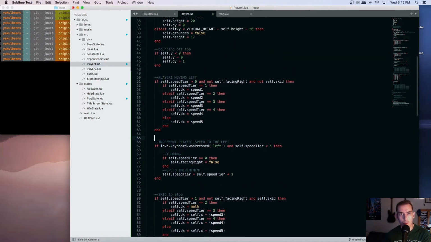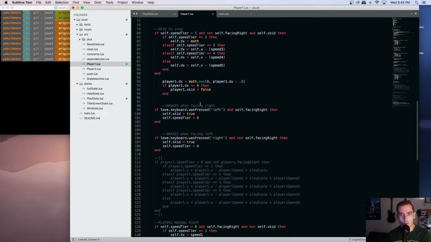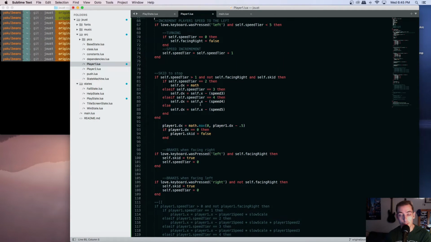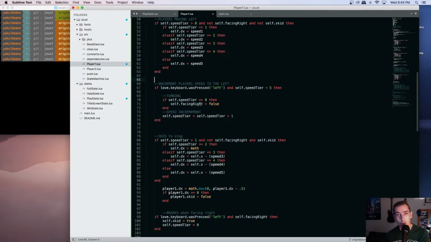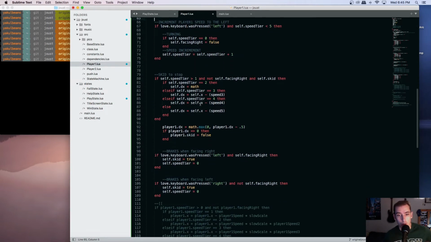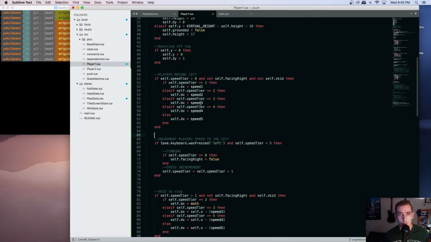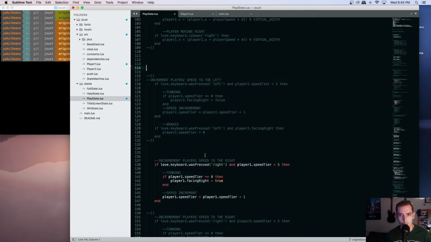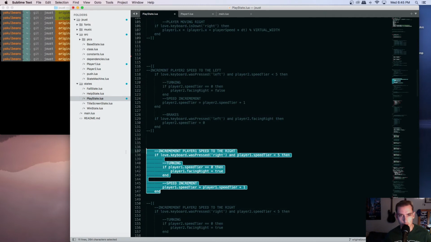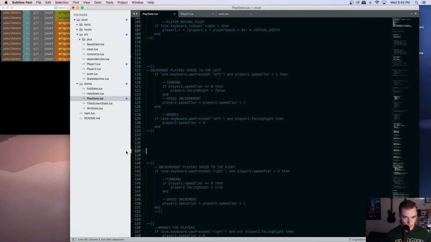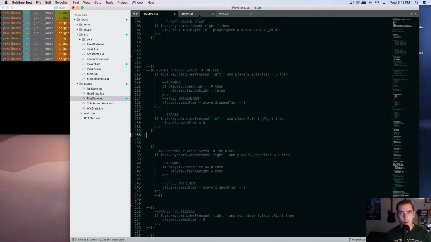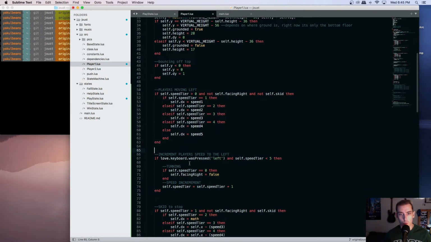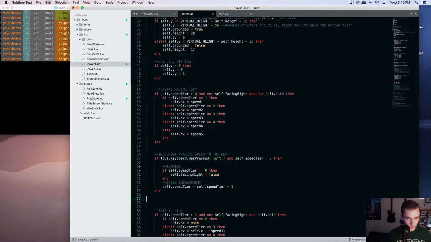Where's the corresponding one? So where's that speed increment for when I'm facing the other direction? Is that still in play state? Yeah. This needs to be over there too, preferably in the same spot.